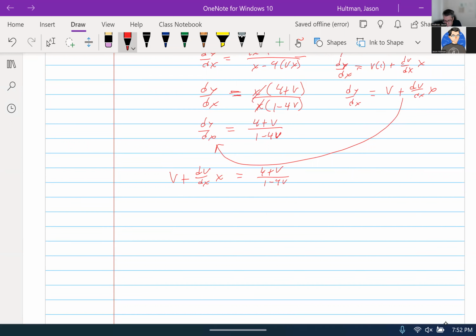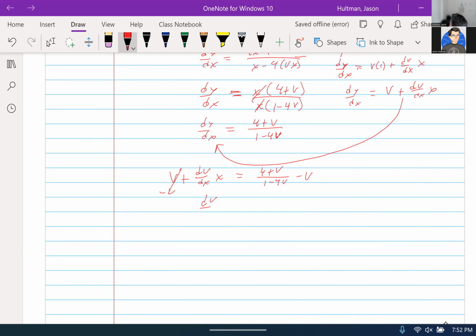Because we really want dv/dx. We don't want dy/dx because we're not using y anymore. We're using v as our variable, so it doesn't do us much good to have a dy/dx. We need a dv/dx. So I'm going to subtract the v here.